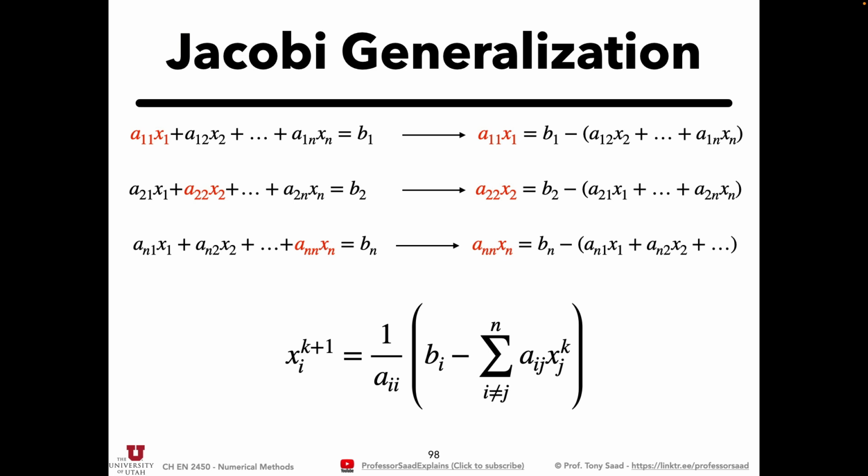Now, this summation over here almost looks like a matrix vector multiplication. If you remember when we wrote things in matrix form, I had this kind of summation of aij times xk. If you saw this, this is nothing more than matrix A multiplied by this old solution vector. However, I have this condition here that i is not equal to j. Okay? Why is this the case?